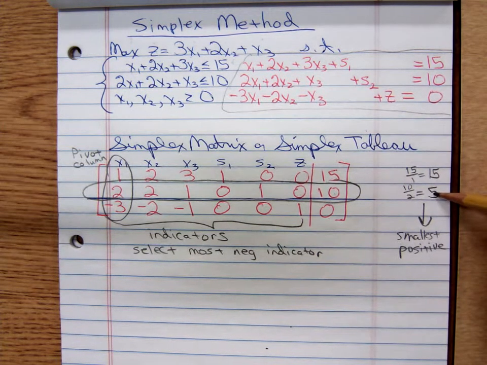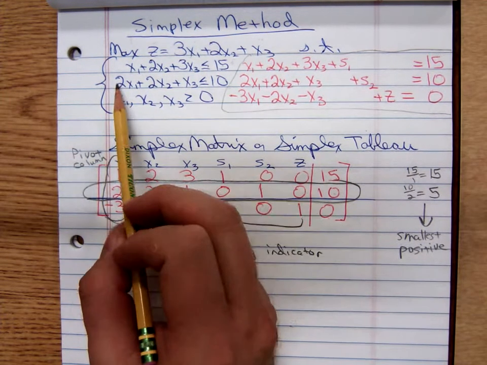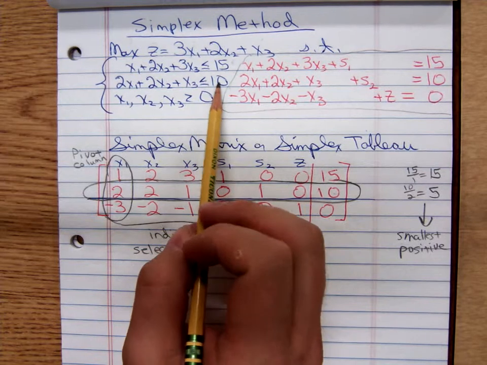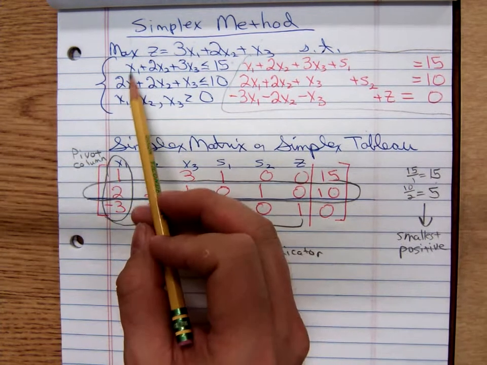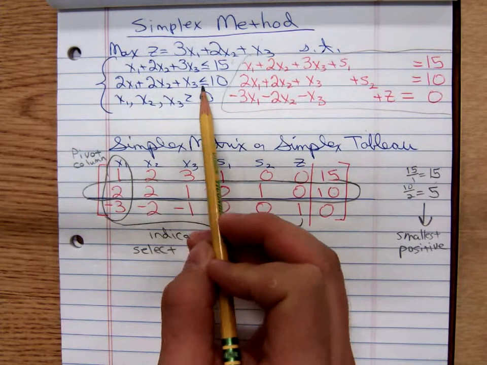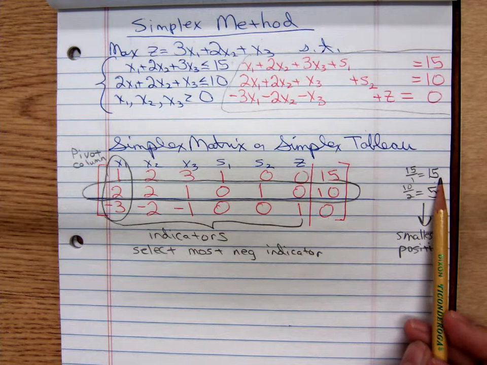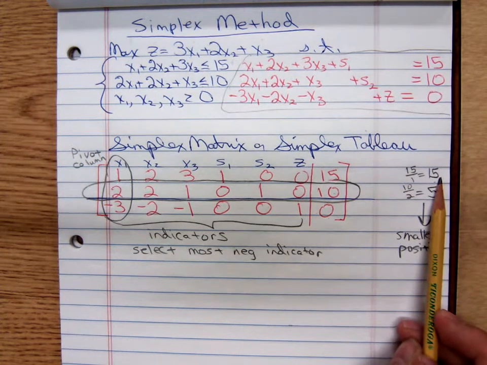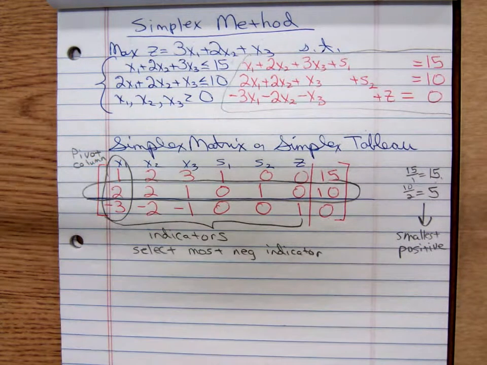The reason we chose 5: if we use 5, 5 is less than or equal to 15, and 2 times 5 is less than or equal to 10. If you tried to use 15, 2 times 15, is that less than 10? No. If you try to raise x1 up to 15, you'd have an x value that doesn't satisfy the inequality.